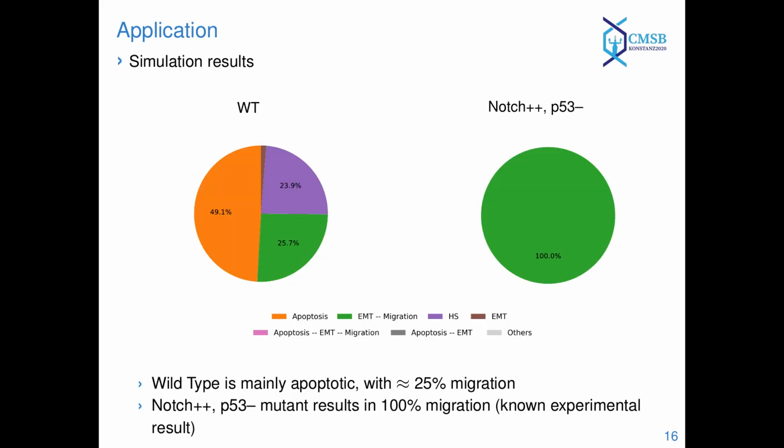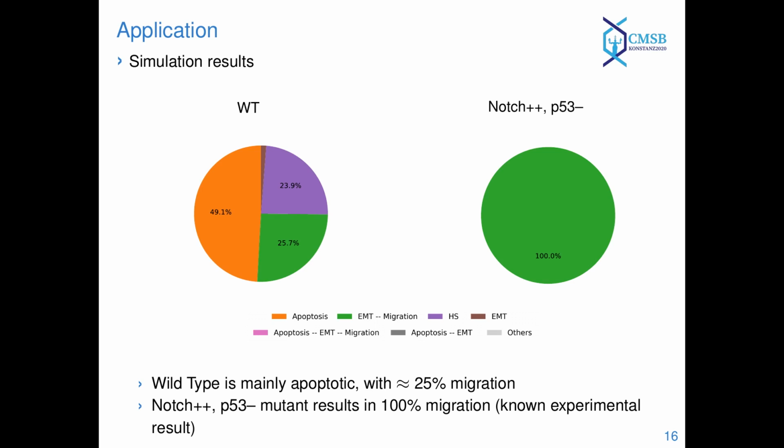And so when we simulate this model with MaBoSS and look at the wild type, we get a distribution with around 50% of apoptosis, 25% of EMT and migration, and another 25% where cells didn't activate any of these fate nodes and so are in homeostasis.